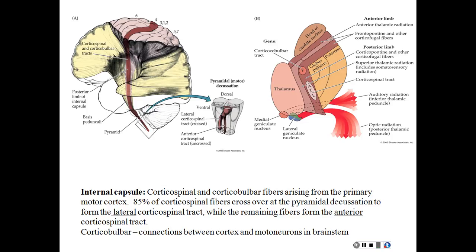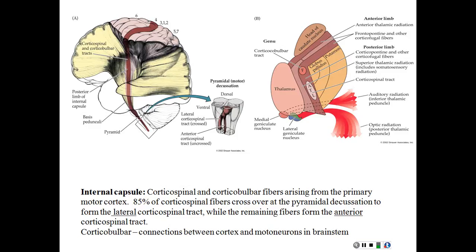All right. So originating from our area 4, our primary motor cortex, is a huge bundle of axons, right? So now we have hardwired, you've got all these neurons innervating all these motor neurons, and you're only going to activate the ones to actually move the left hand. So these axons descend through the brain in a structure referred to as the internal capsule.